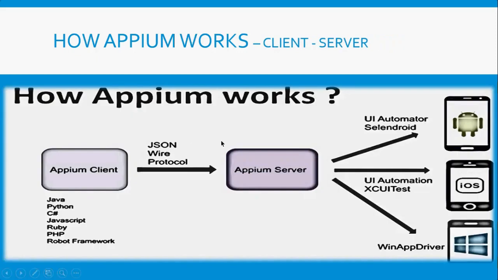For instance, on this device to the right of the screen, maybe you have WhatsApp. If you write your code in Java or C# or whatever, the Appium client takes that code, bundles it into a wire protocol, sends it to the server, and based on whatever message it's carrying, it sends it to the device. So you say, okay, Mr. Appium, go to Android version 5, and then open up WhatsApp on it.